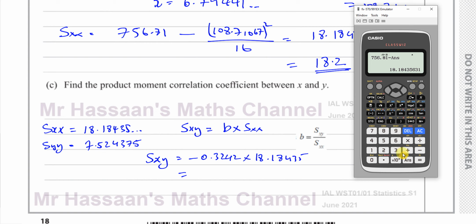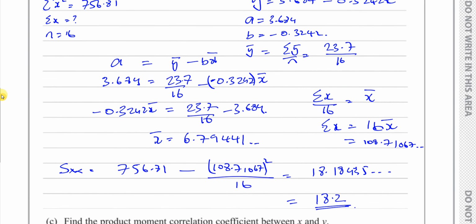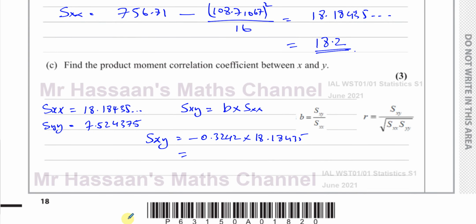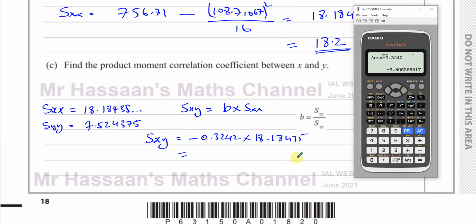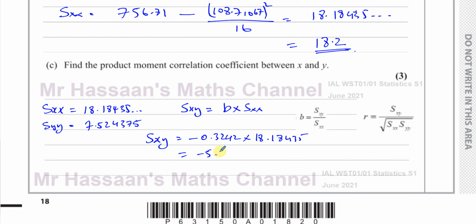So I've got my answer. I'll just multiply it by the value of B, so times negative 0.3242, and that gives us our answer as minus 5.8953, which to 3SF is minus 5.90.